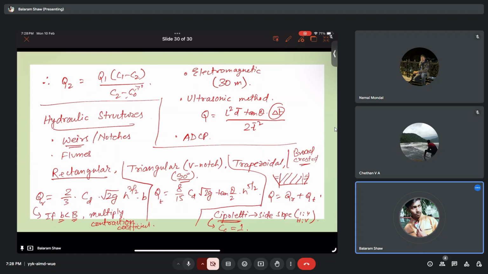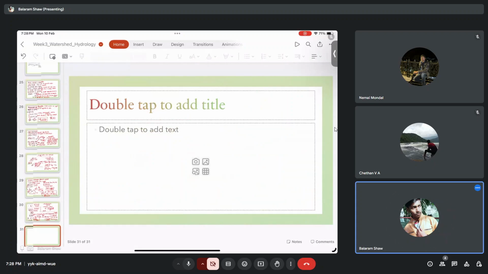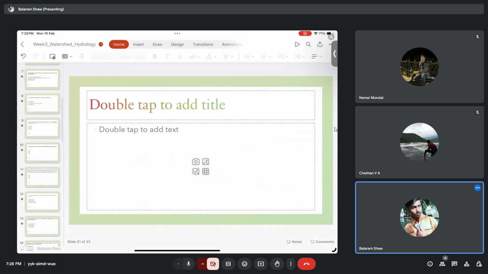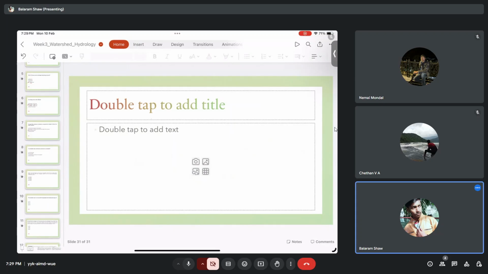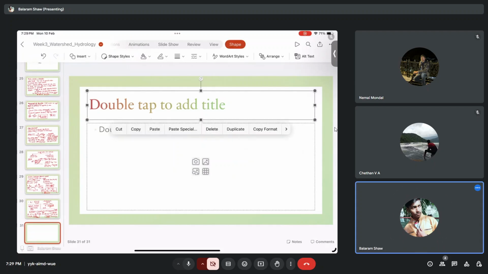If you see, you can get to the derivation of the equations. Okay, so we'll directly move on to the questions first.